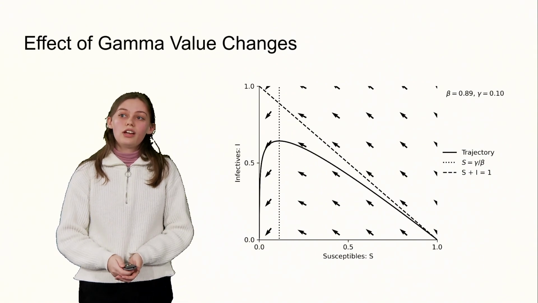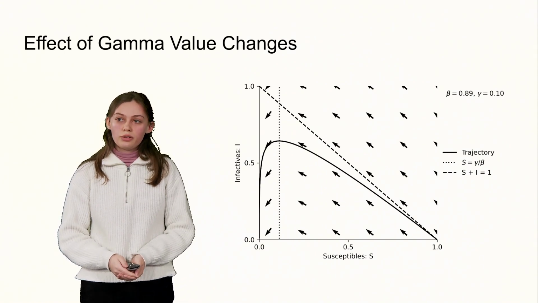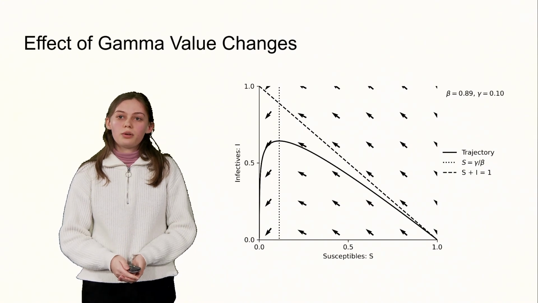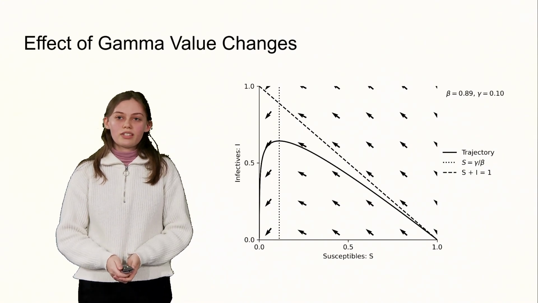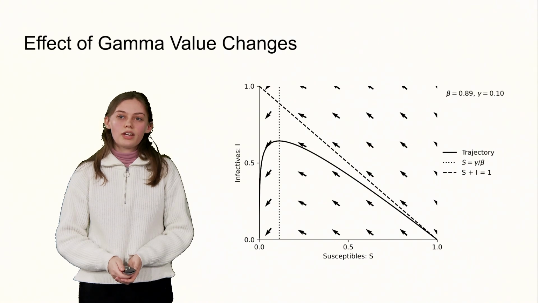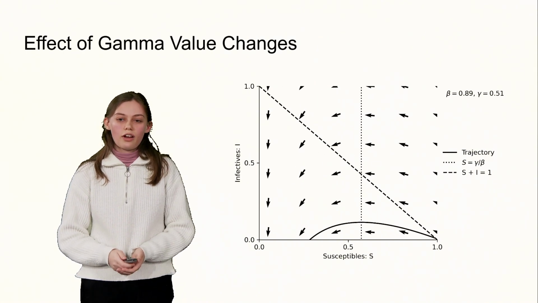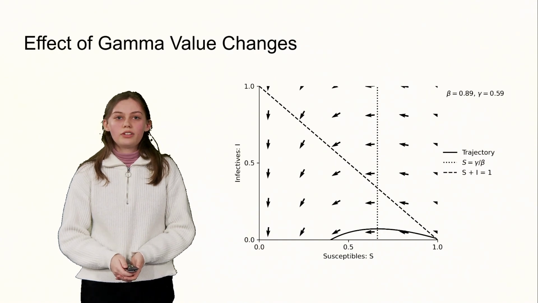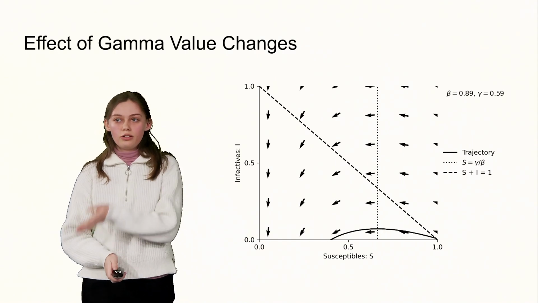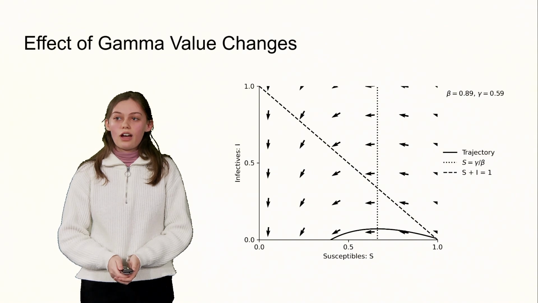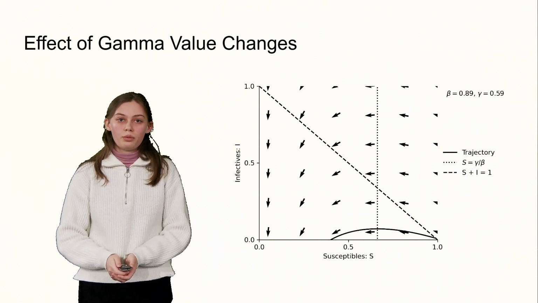And here, we have a very low gamma, so that means the recovery rate is low. So a lot of people, once they get infected, will take a long time to recover, so they stay infected and will keep infecting other people, so you get a very high peak. So low peak for the high recovery rate, and you'll have a high peak for a low recovery rate.